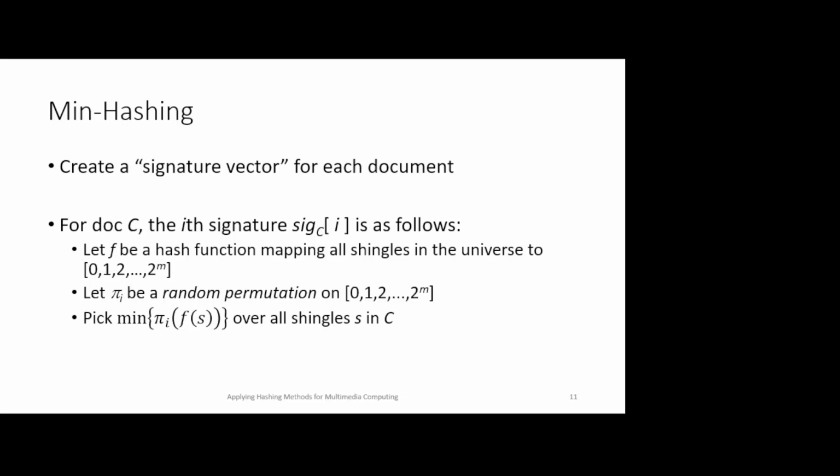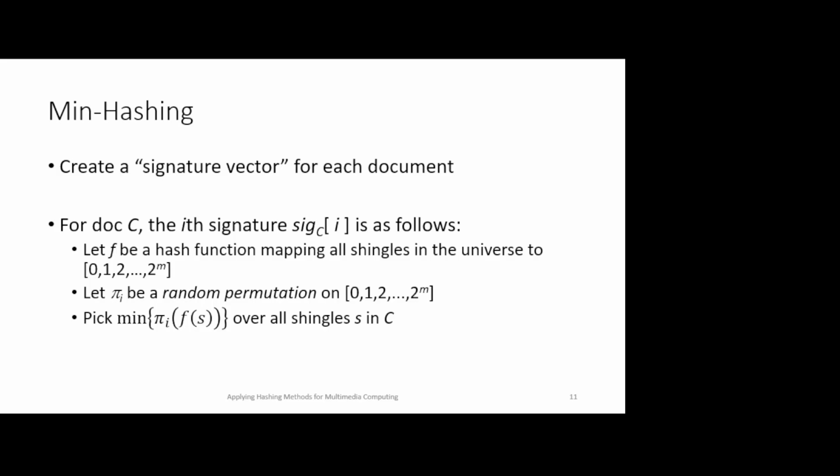That's why we introduce the second technique called min hashing. The idea of min hashing is to create a signature vector for each document from the shingle set. Here is a formal definition. For the document C, we want to generate its ith signature.